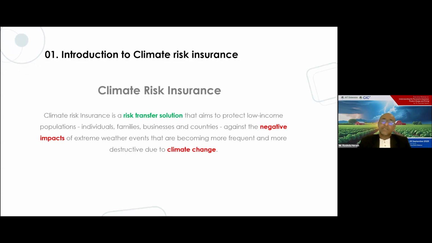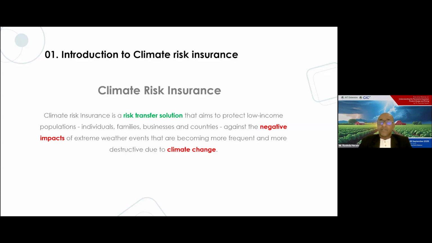As our chairman mentioned in the morning, climate change is happening very fast, and it mostly impacts the day-to-day life of low income people and individuals, SMEs, and many sectors of the countries.